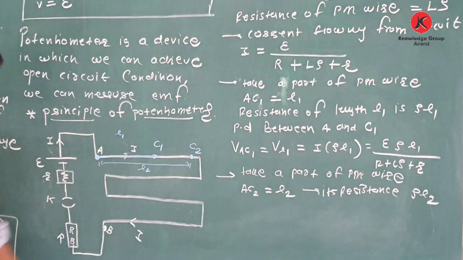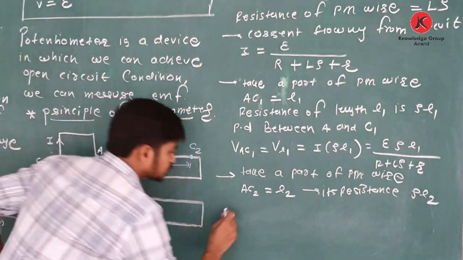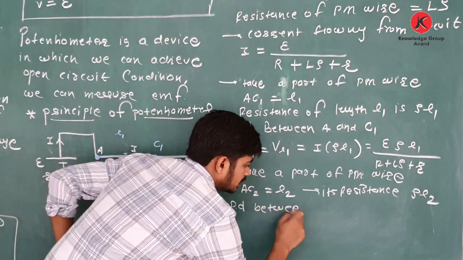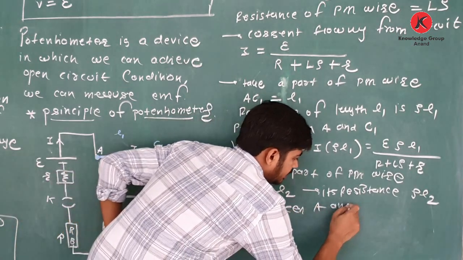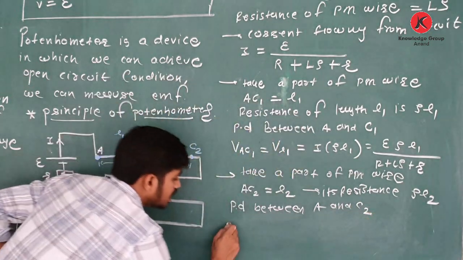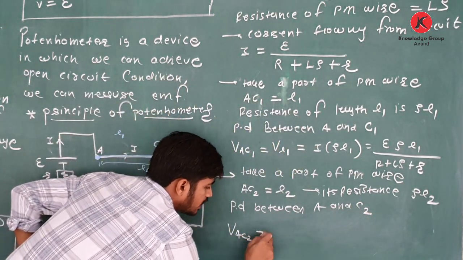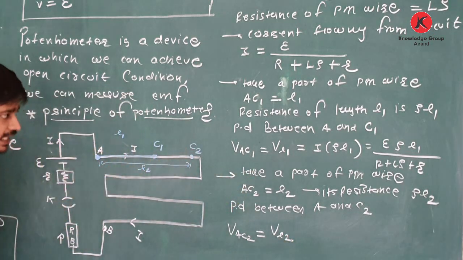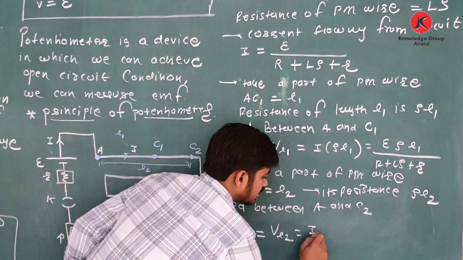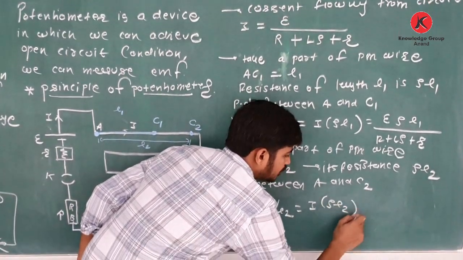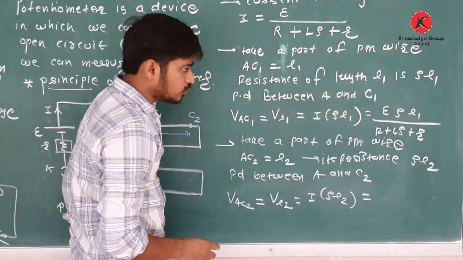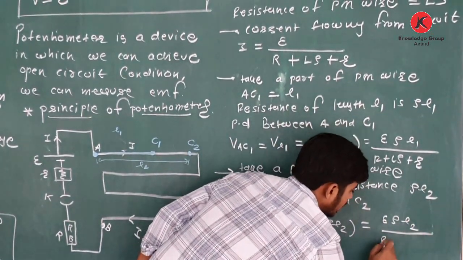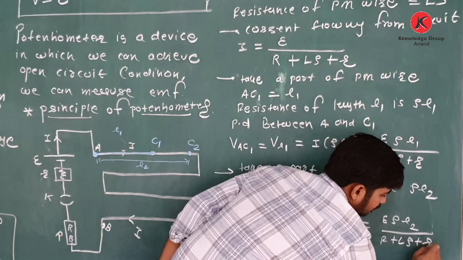So what is the potential difference between A and C2? VAC2 is equal to VL2, because between A and C2 the length is L2. It is I rho L2, and if you put the value of I, it is E rho L2 upon R plus L rho plus r.